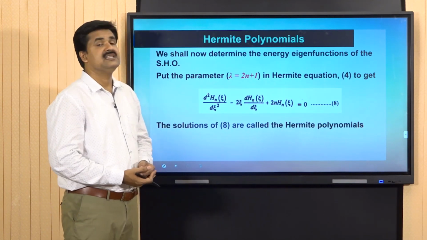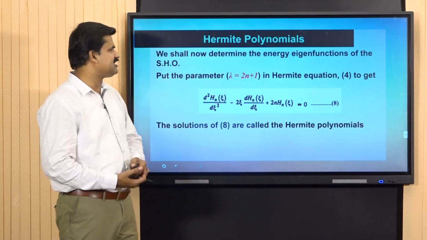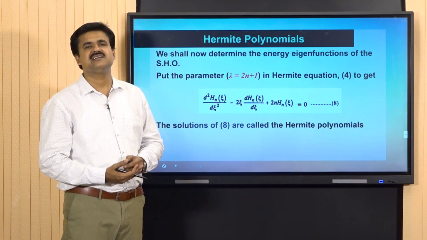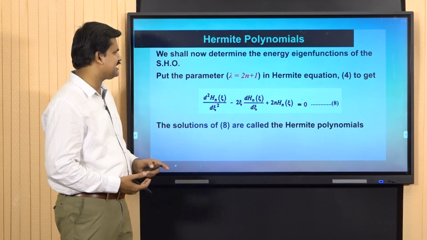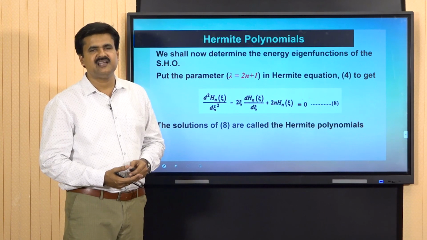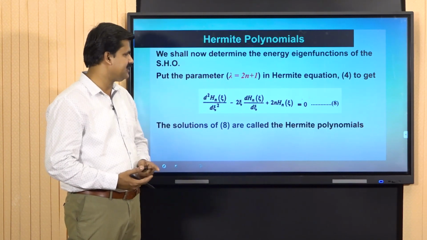Now, the Hermite polynomials. We shall now determine the energy eigenfunctions of the simple harmonic oscillator. Put the parameter lambda equal to 2n plus 1 in the Hermite equation that we already obtained.